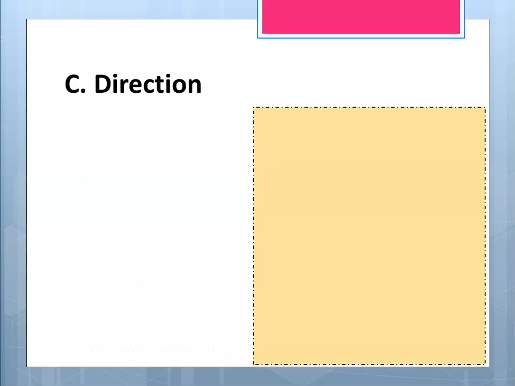Another key feature of a correlation is direction. In this case, direction refers to the way the variables change in relation to each other. There are two directions. First is a positive direction. The plus sign here does not refer to whether the relationship is good or better.